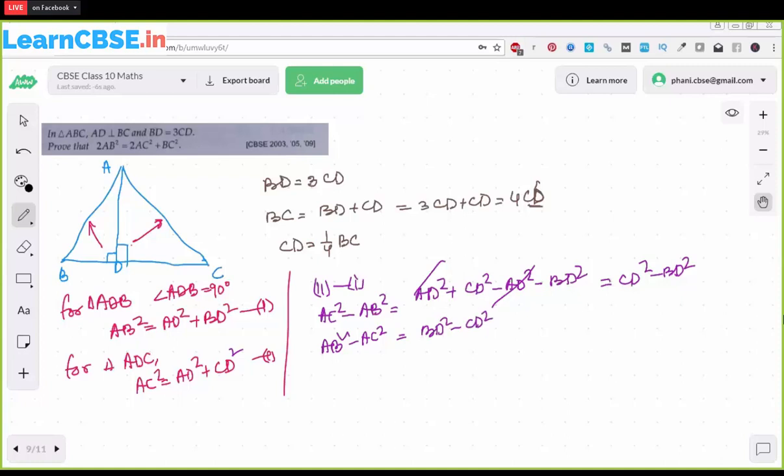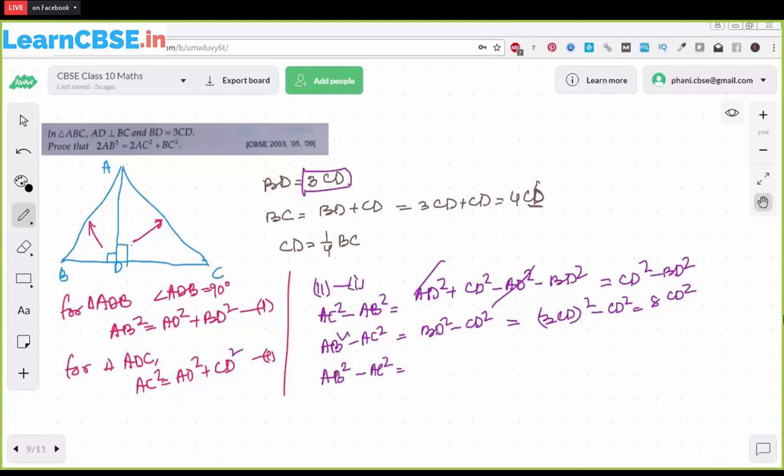Now we know that BD equals 3 times CD. So we can write 3 times CD square minus CD square, which gives you 8 CD square. AB square minus AC square equals 8 CD square. Okay. So we need to convert the CD in terms of BC.